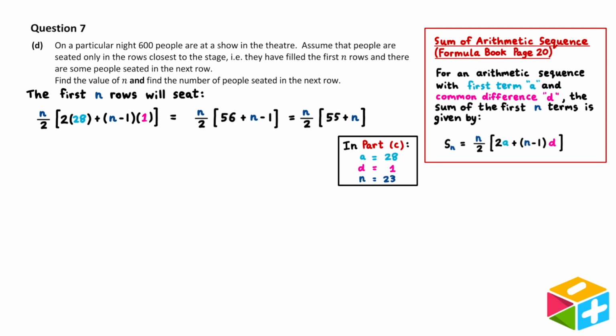So, given any value of n we like, we can sub it into this formula and it will tell us how many people the first n rows will seat.